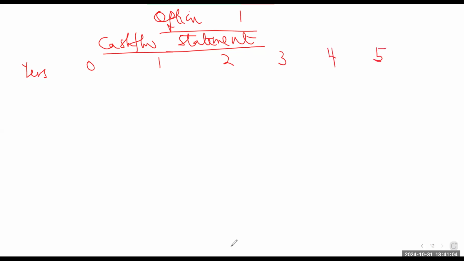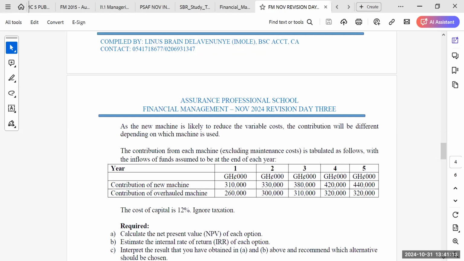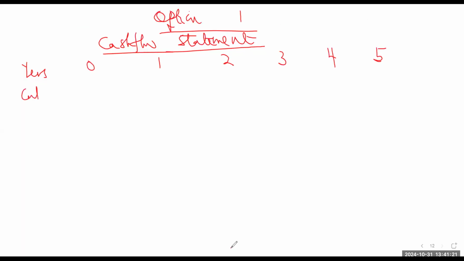How is the tax paid? They say we should ignore taxation. Okay. So we start with our contribution. The contribution is assumed to arise at the end of every year. So now there will not be any contribution.